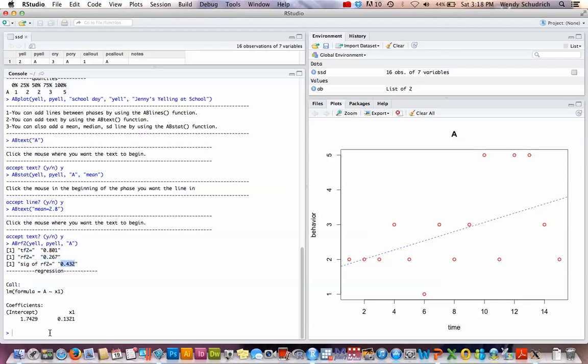Usually I ignore significance in the sense that since we have small amounts of data, I really look at the magnitude of the r, and I really want to look for r values that are below 0.6.